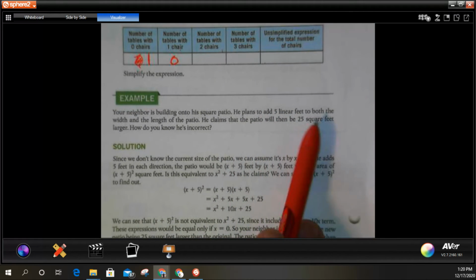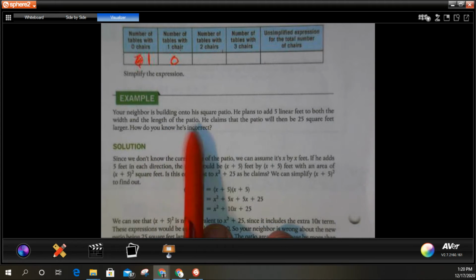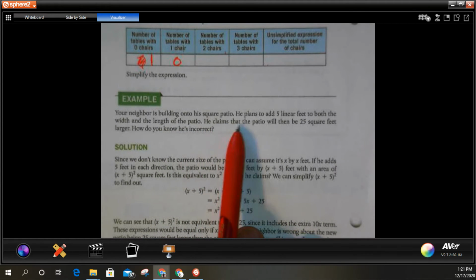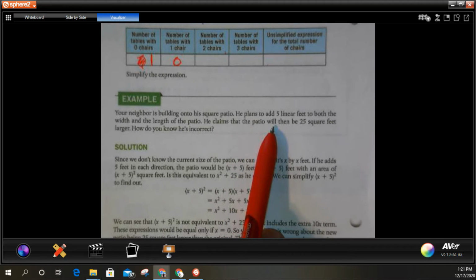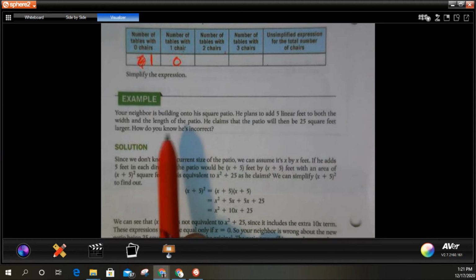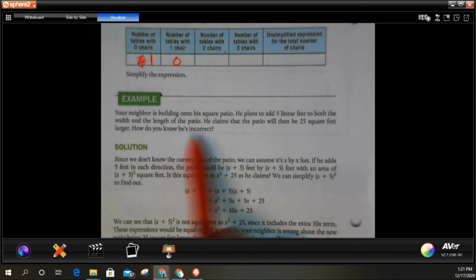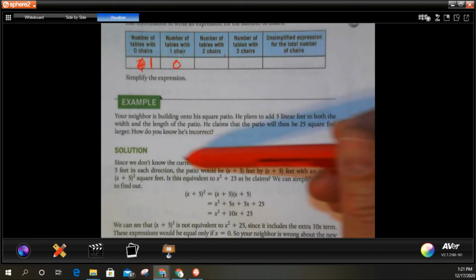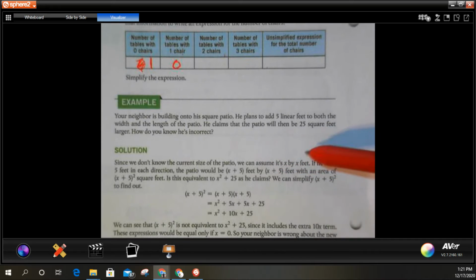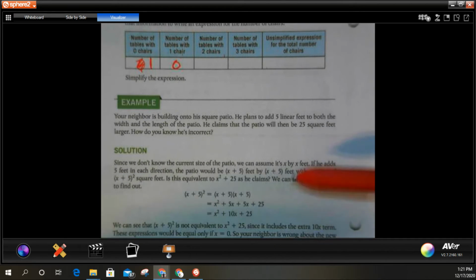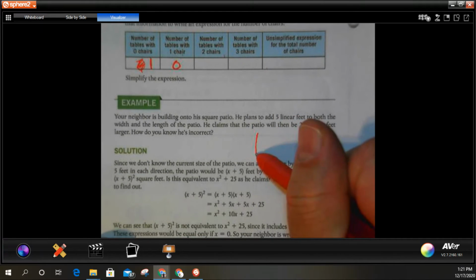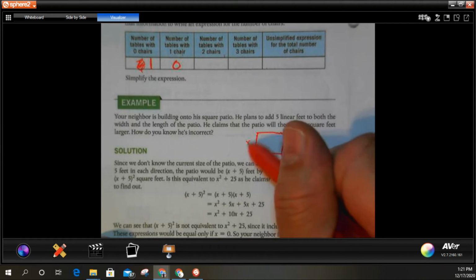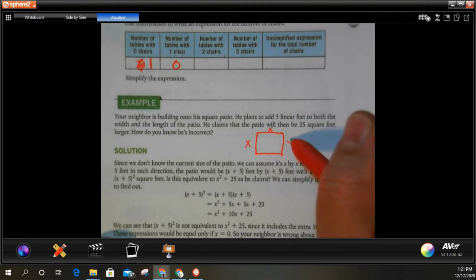So listen, since we don't know the current size of the patio, we can assume it's x by x feet. True. There's a square patio. We know all sides are the same length because it says square. And he wants to add 5 linear feet to both the width and the length. So here I'm going to add 5 feet, and here I'm going to add 5 feet.